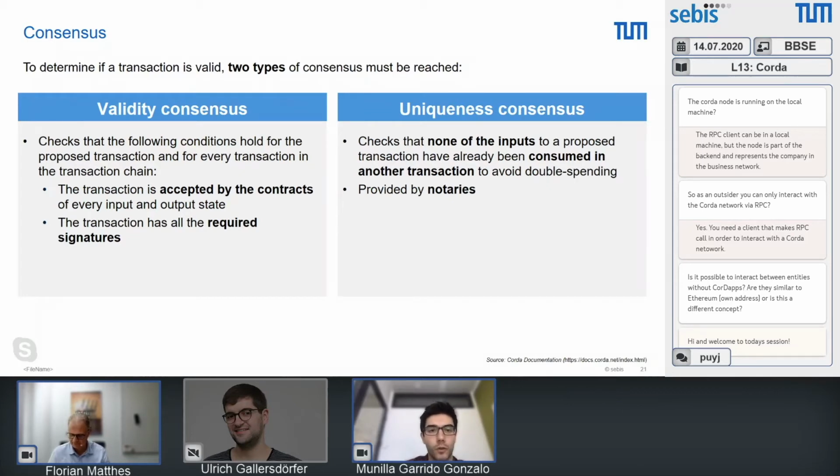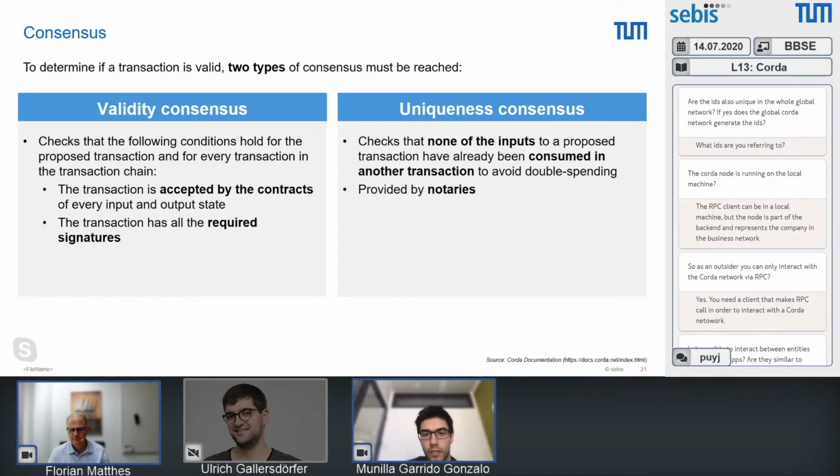I would say that is valid within one vault or within one business network, but for the entire network, I think the IDs don't need to be unique, because you don't have to have the same ID if you are in different business networks. Okay, so the next question is, then this is identified with a notary?